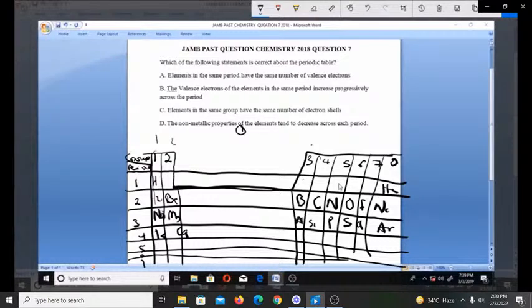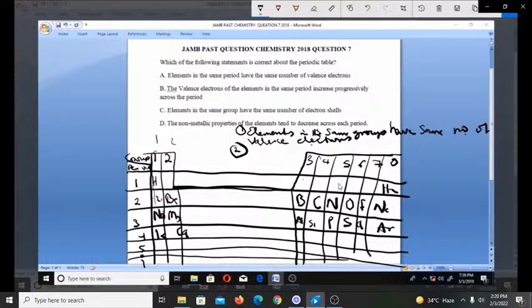Number 1 is that elements in the same group, like hydrogen, lithium, sodium and potassium, all of them have the same number of valence electrons. Now number 2, elements in the same period.